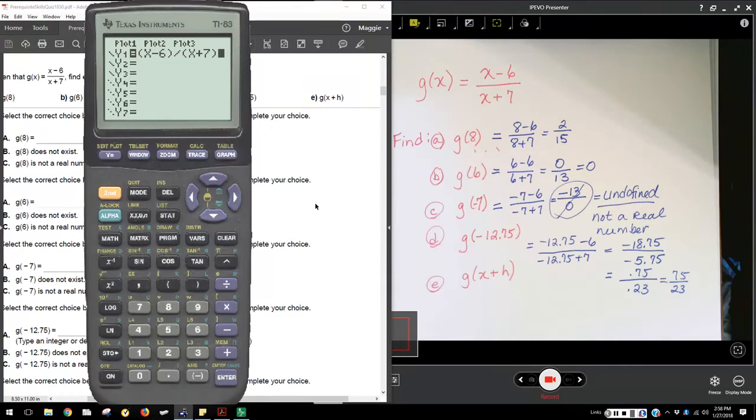The first way would be to use the table. So we're going to go to the table setup and ask for independent variables, which is your x variable, and go to the table, and we're going to enter first 8.